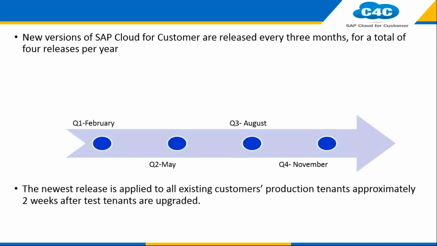SAP has fixed quarters where the upgrade happens, normally in the months of February, May, August, and November. Every quarter, they bring new releases, hot fixes, and bug fixes.